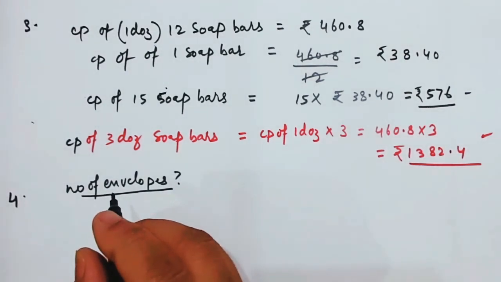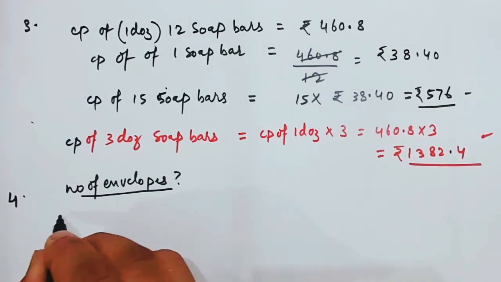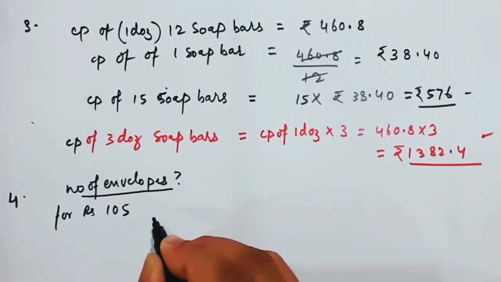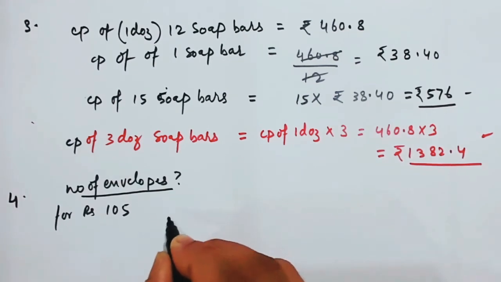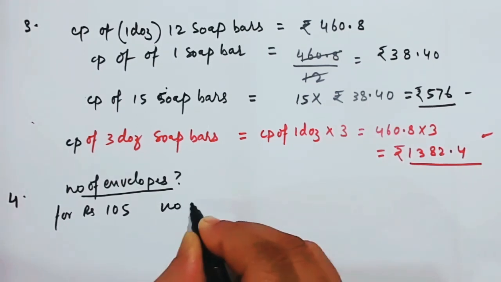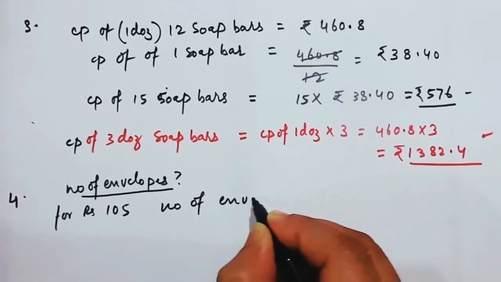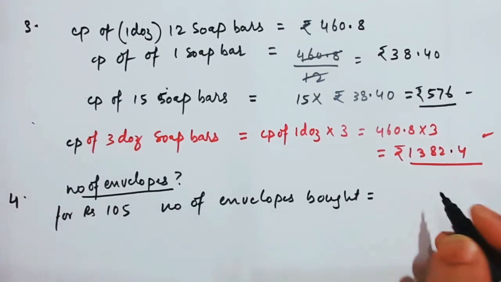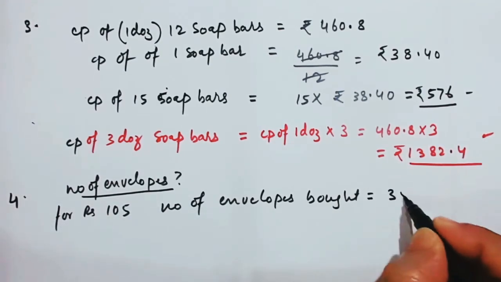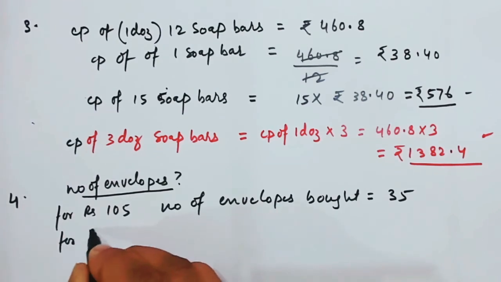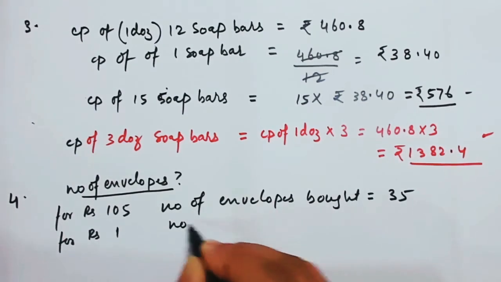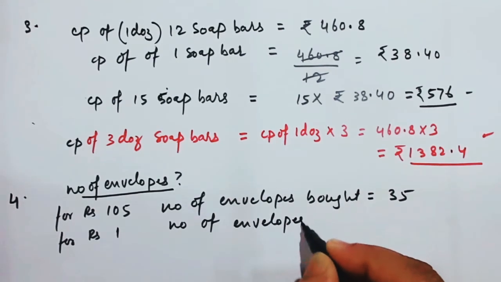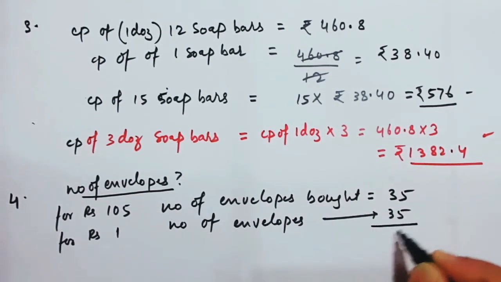So number of envelopes they are asking you. So come on, have a look. For rupees 105, the number of envelopes bought is equal to 35. So for rupees 1, the number of envelopes bought will be 35 by 105.